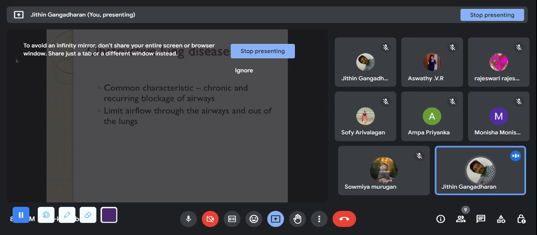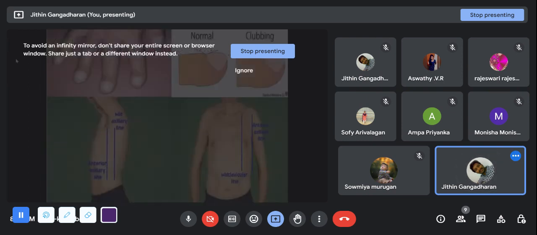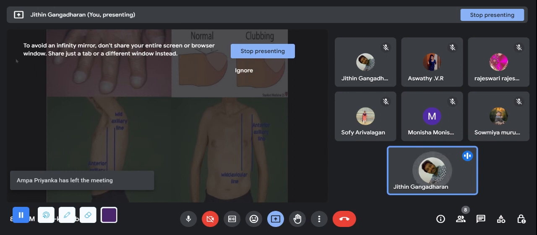Okay, so the chronic obstructive lung diseases may block the airways because of the mucus plugs which are present in the respiratory tract. Okay, see, when there is an obstruction in the respiratory tract, it leads to what?